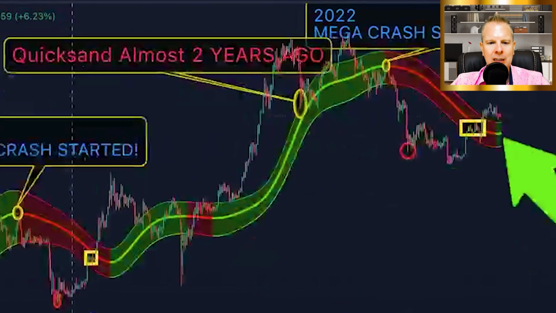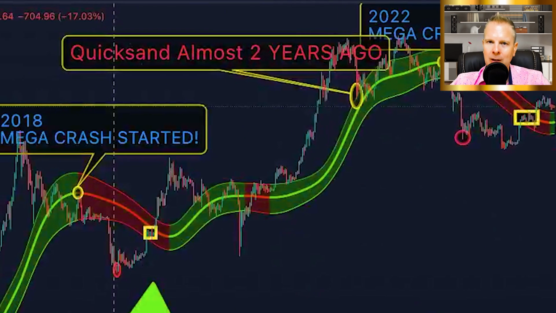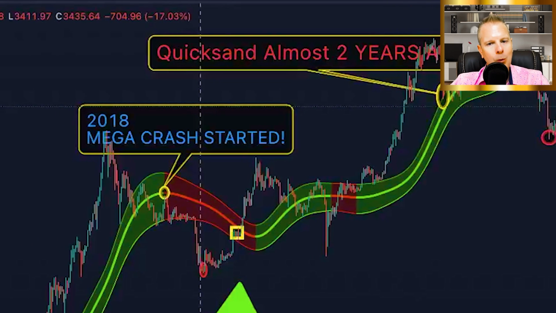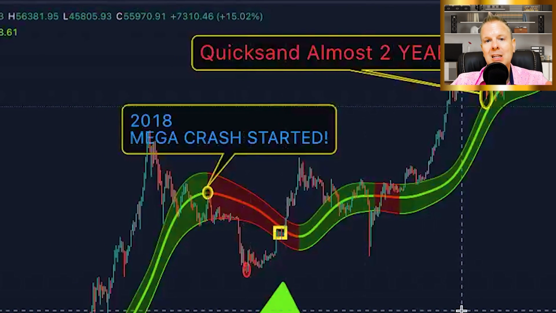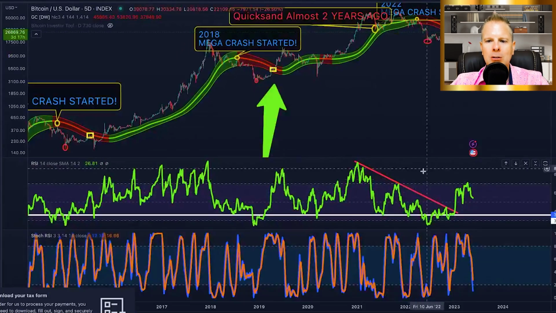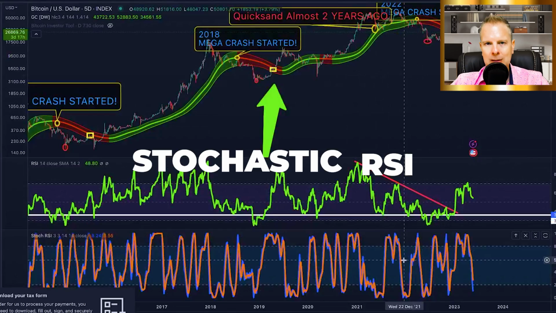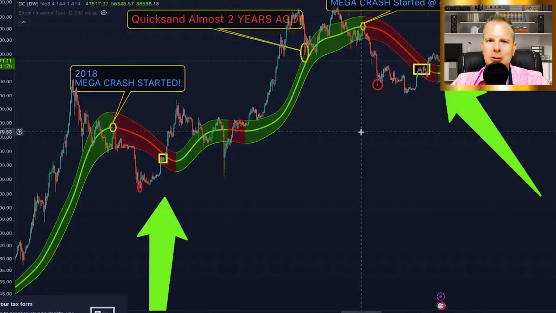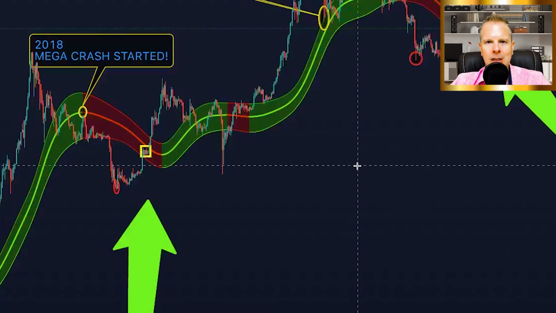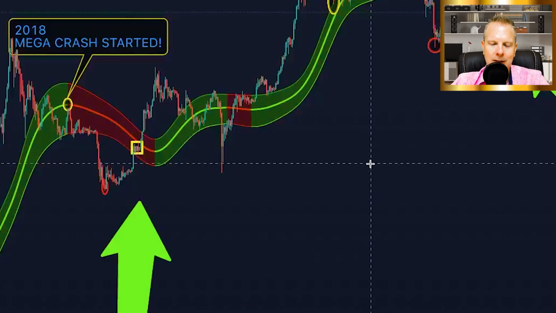Because we can understand, based on the data that's in front of us, we can talk about the probability of that being true, or the probability or potential of Bitcoin showing some major warning signs when we start to bring in the RSI and the stochastic RSI. Now, keep in mind, I did a video on the Gaussian channel flipping green previously, but it was on a much lower time frame. This one is on a much higher time frame with a different probability and a different standard set. And we're going to discuss that as well.